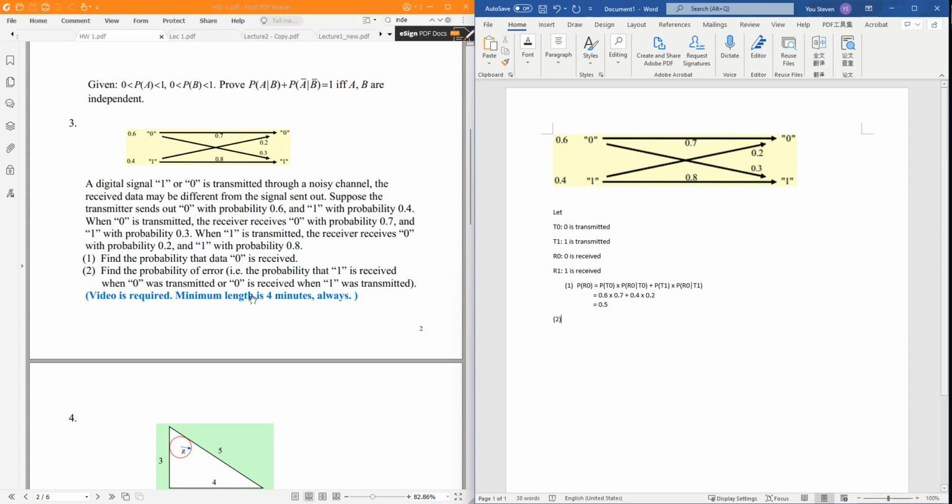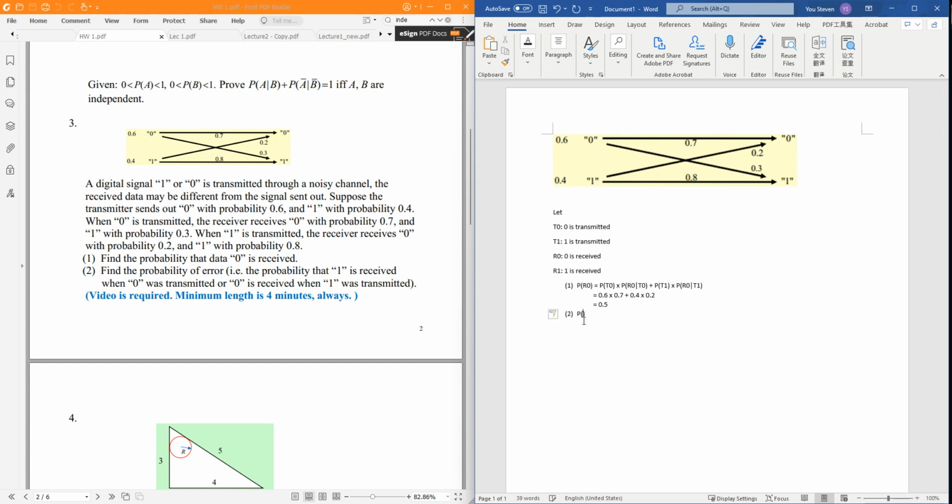And the second question is to let you find out the probability of error. Error means that it sends a 1 but it receives a 0, and it sends a 0 but it receives a 1.